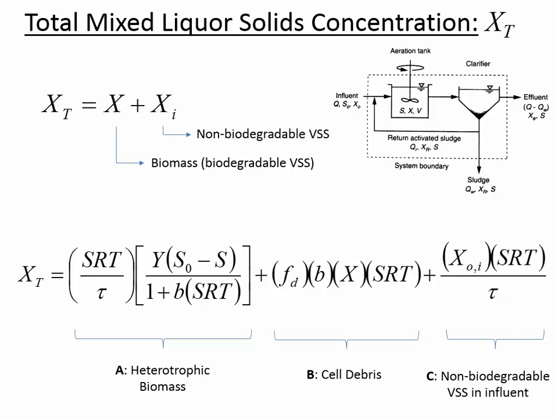This variable X naught, initial, will be specified in problems as the non-biodegradable VSS that's coming into the reactor. So that might be priority organic pollutants like chlorinated solvents or gunpowder or whatever it is that microorganisms aren't able to break down.